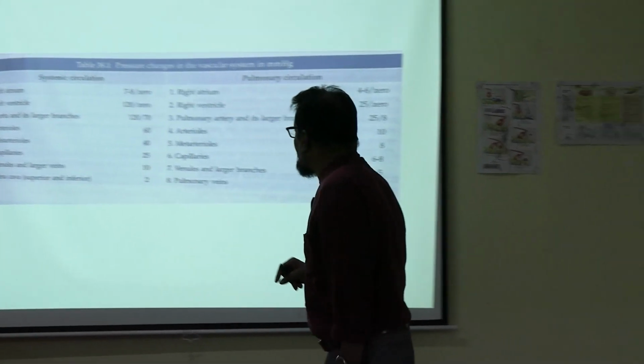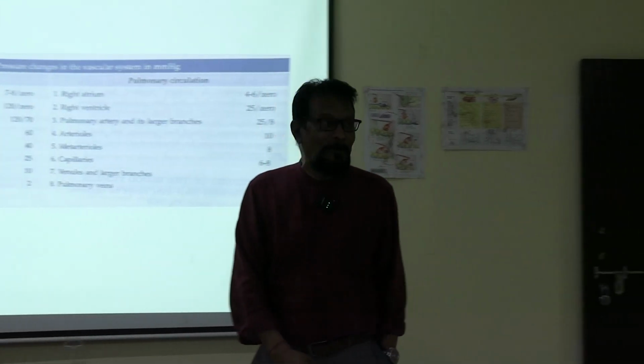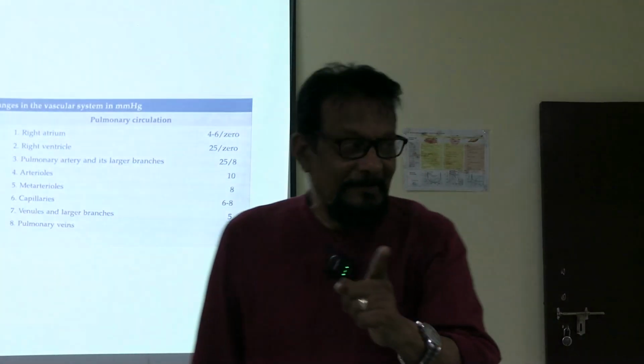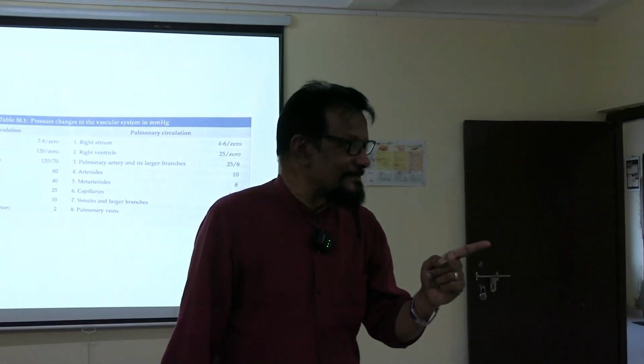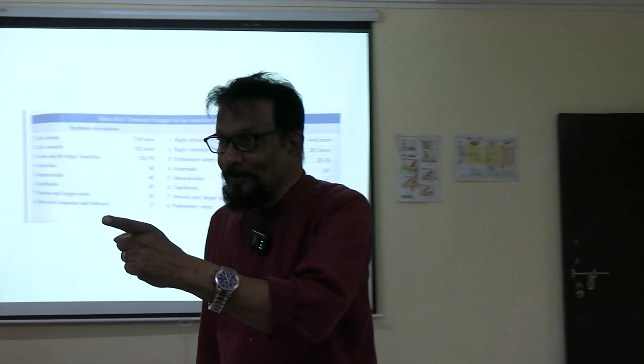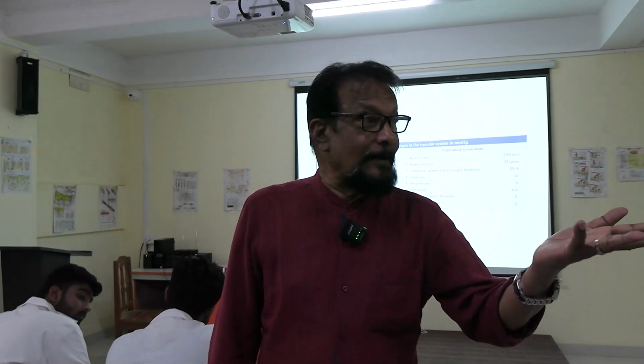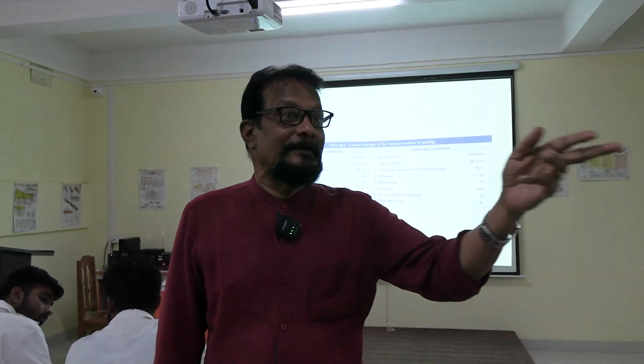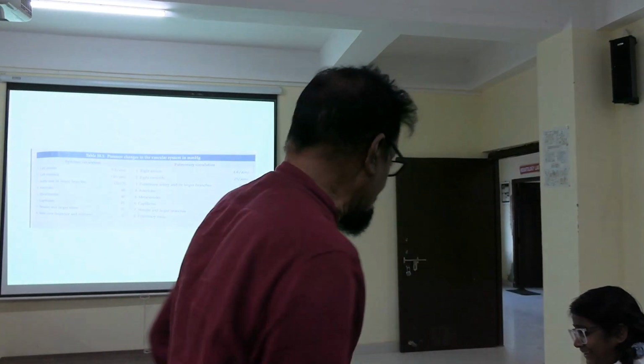In terminal arterioles it is 40. In capillaries only 25. See how the pressure gradually came down. Who said pressure increases? Somebody was telling pressure gradually increases. Now another wrong concept has gone.